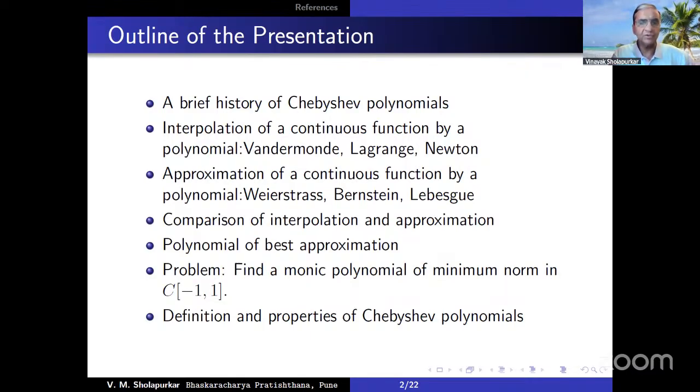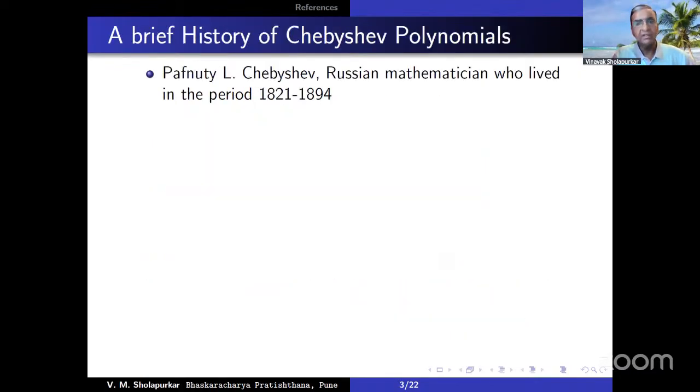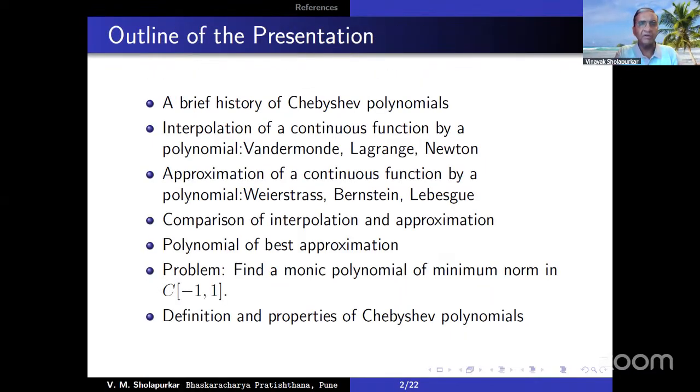Then, of course, we are going to see the definition and properties of Chebyshev polynomials. So this is all that we are going to see in this lecture. I want to compare interpolation and approximation. I want to talk a bit on the Weierstrass approximation theorem. I want to define and show some properties of Chebyshev polynomials.